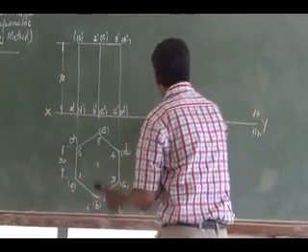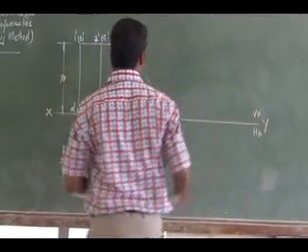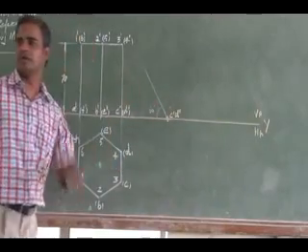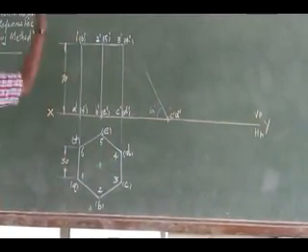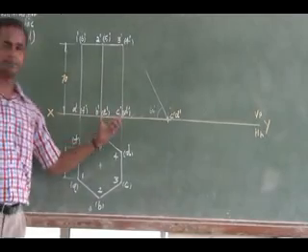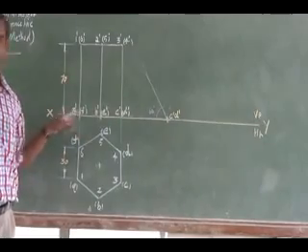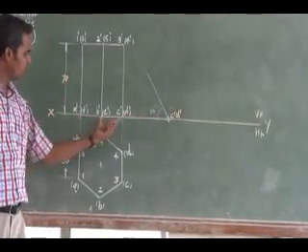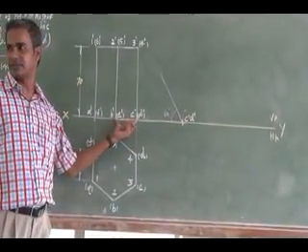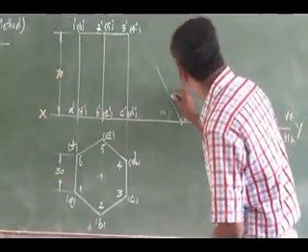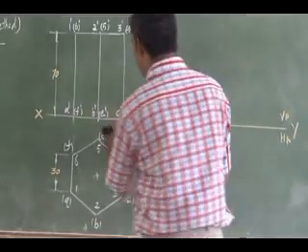So this line is 60 degrees. You don't need to dimension. Right. So along this, I have to keep my base ABCD. So CD is here. So I can measure C to B distance. That I can transfer it here.